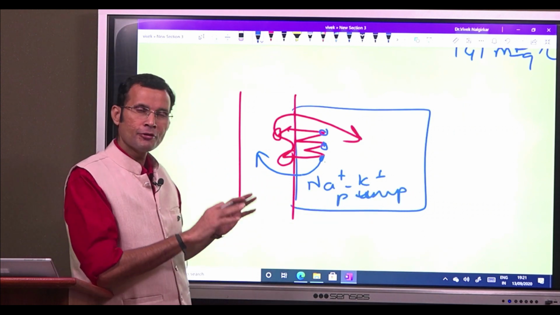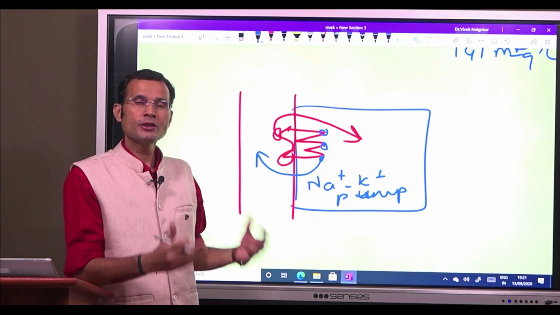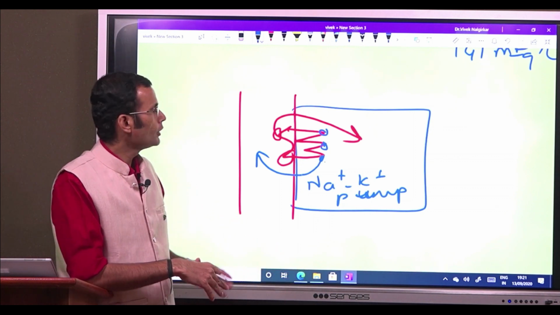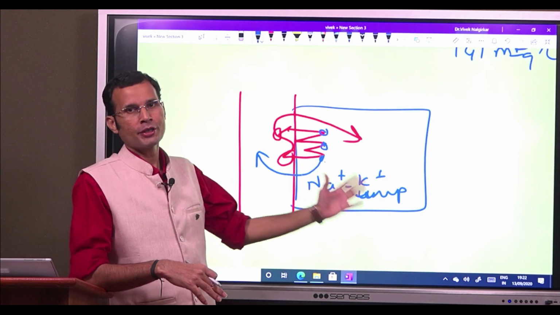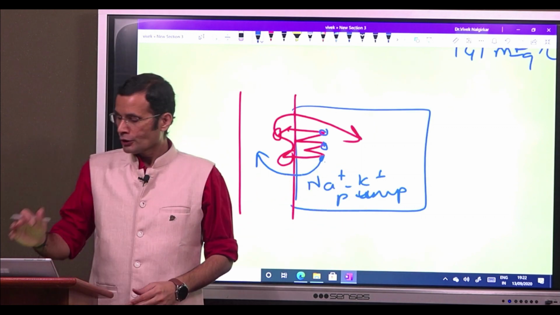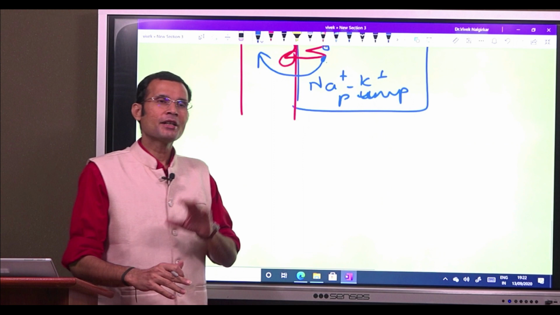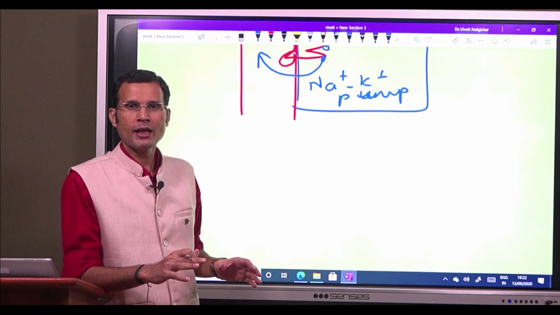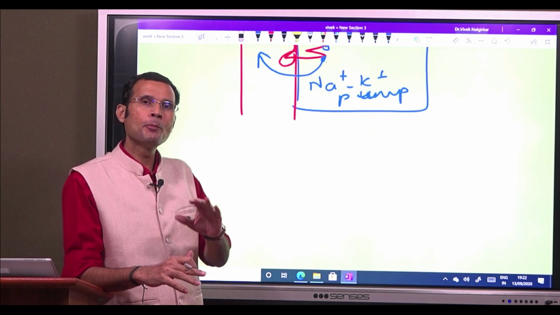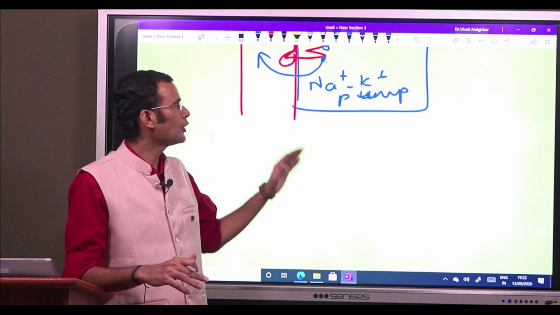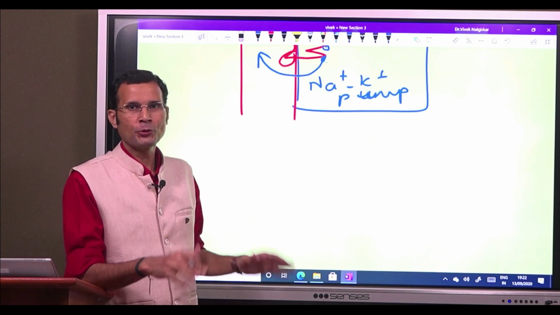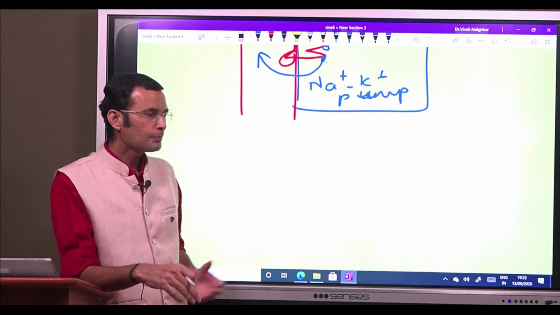So, anything that influences this activity is going to alter the levels of potassium in the plasma or intracellular potassium as well. In fact, I reiterate again, a number of times during this discussion I am going to say that finally it boils down to one thing: the functioning of the sodium-potassium pump. Everything boils down to the sodium-potassium pump and its activity.